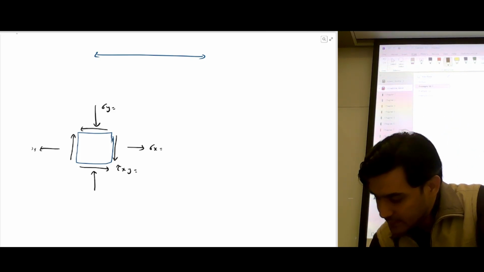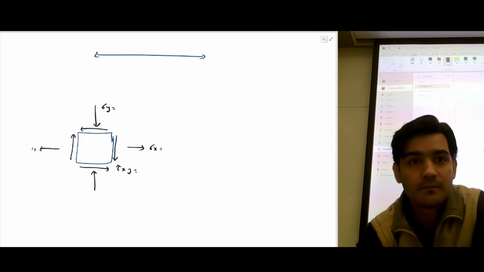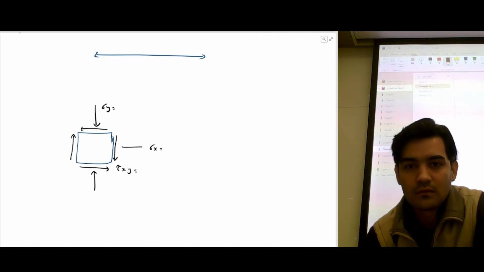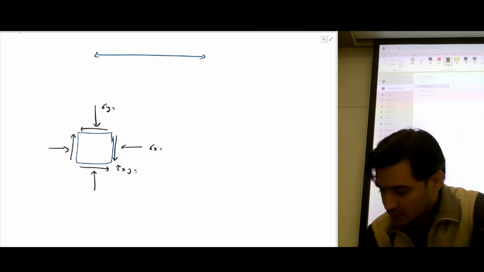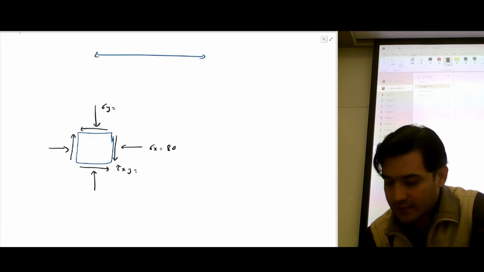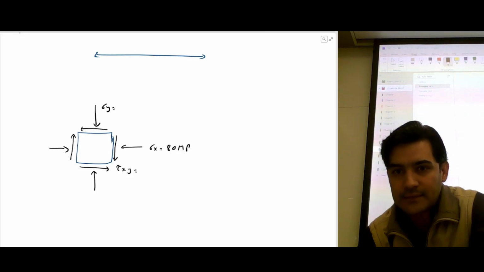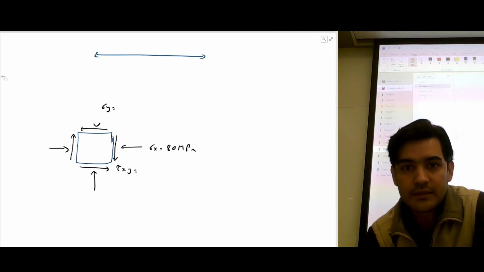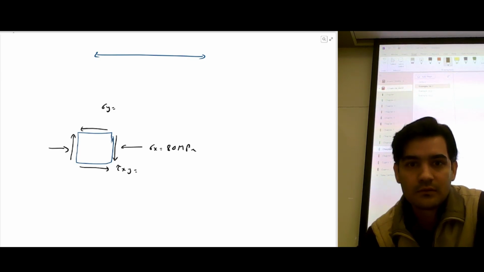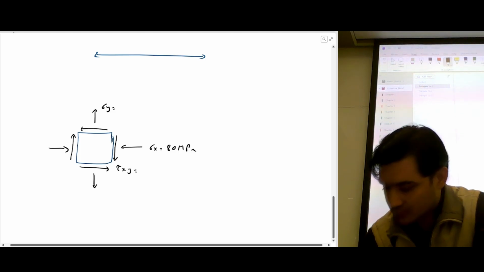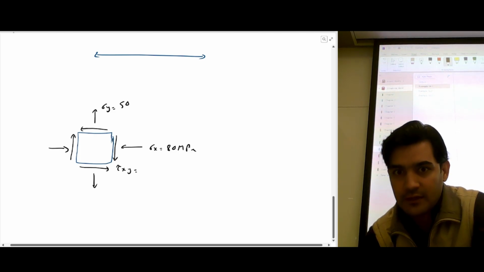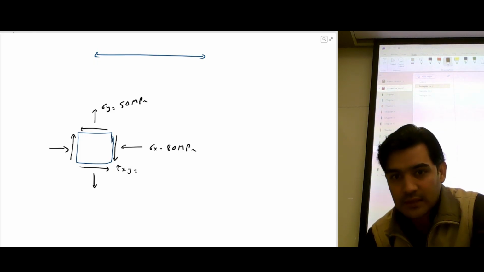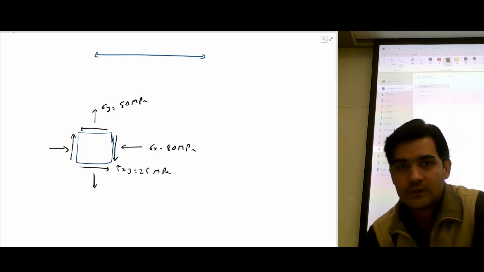Stress X in this case is 80 megapascals, and stress Y, I'll make it tension force. This is going to be 50 megapascals, and the tau XY is going to be 25 megapascals.